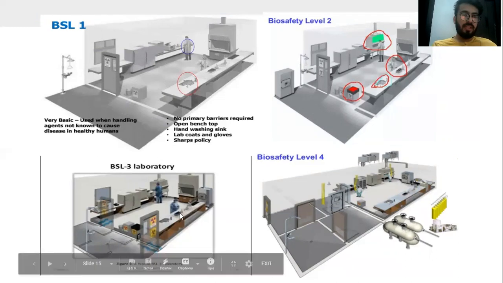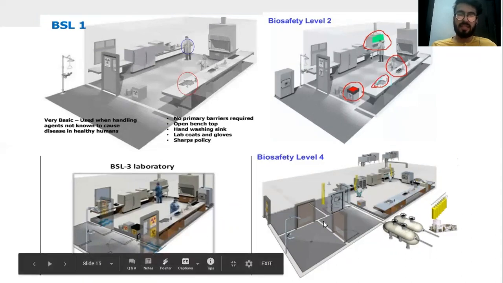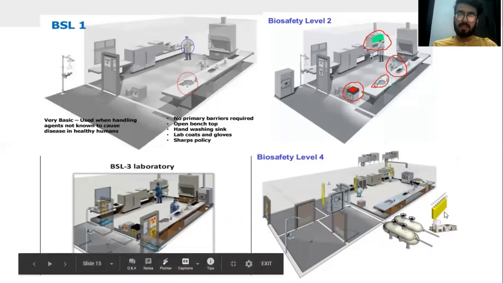In BSL-3, now you can see a two-way entering system like two-door facilities is available and air exhaust, directional flow of air to prevent the non-laboratory areas from contamination. In biosafety level 4 that possesses a high risk, there is compartmentalization into two safety cabinets and proper decontamination measures are also followed.